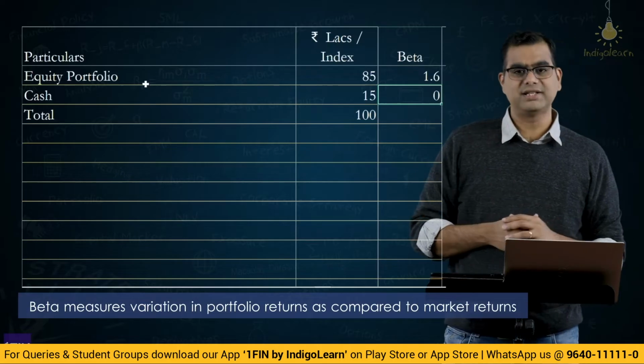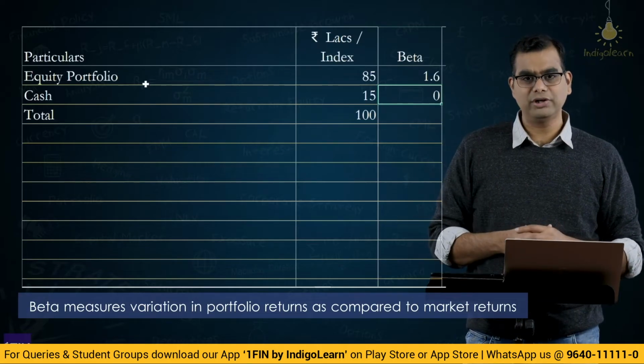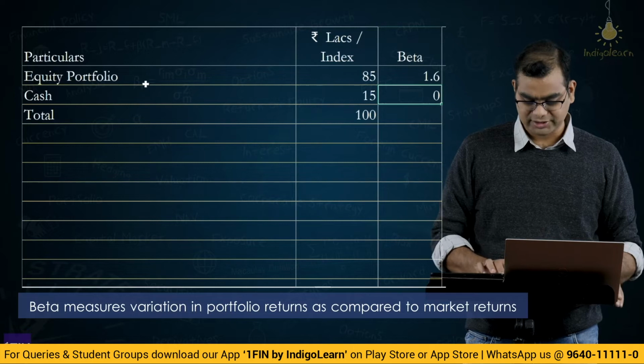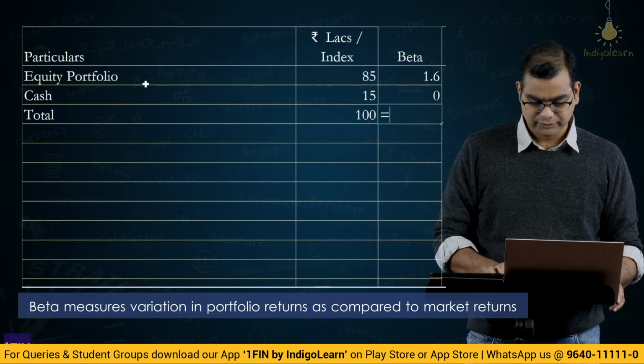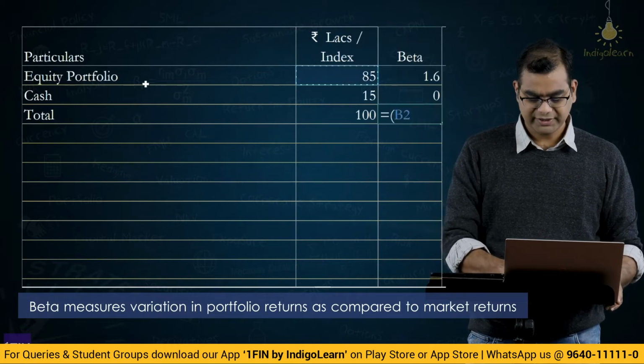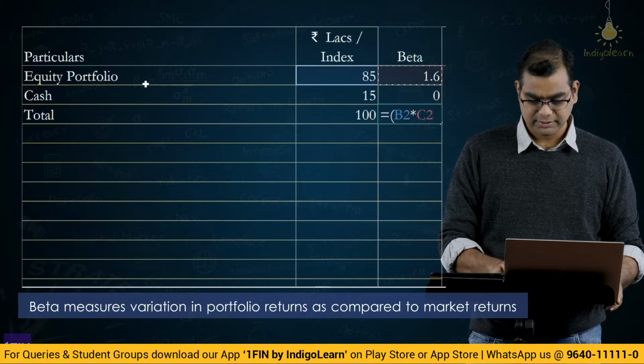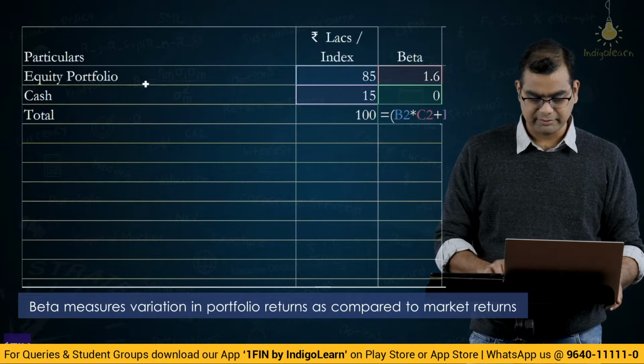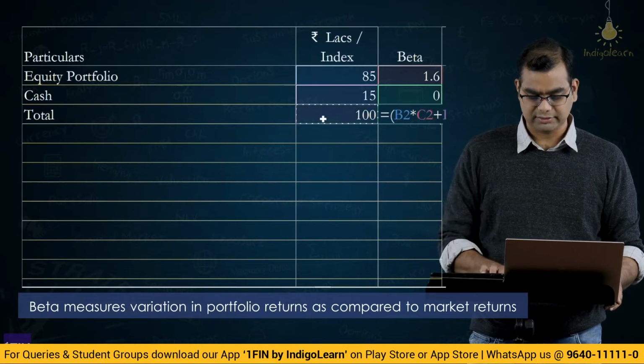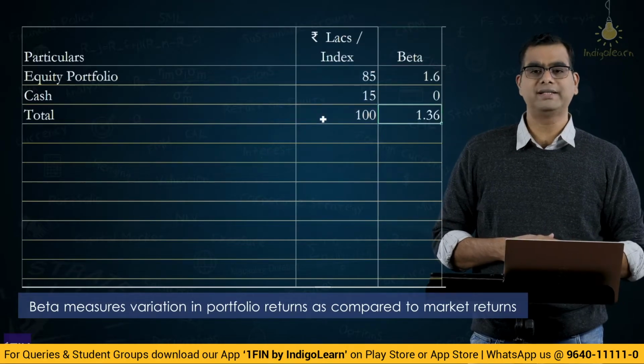If beta of cash is 0, what is the beta of the total portfolio? It is simple weighted average. So, it is equal to 85 into 1.6 plus 15 into 0 divided by 100. So, the beta of the portfolio is 1.36.